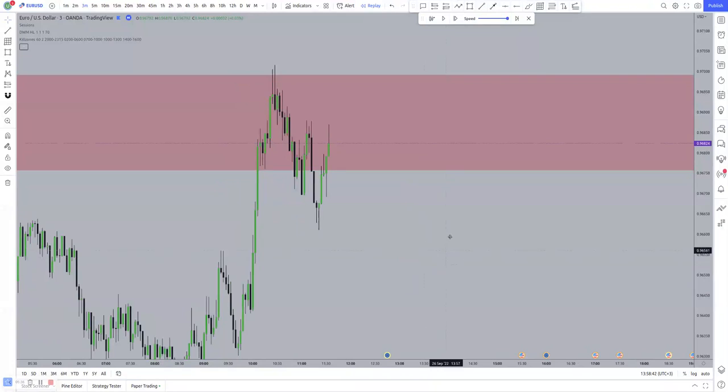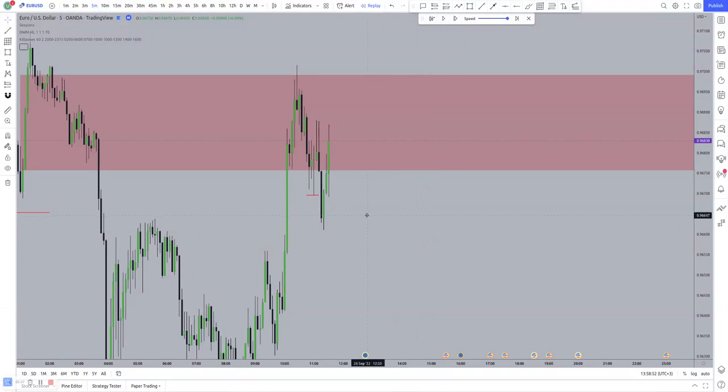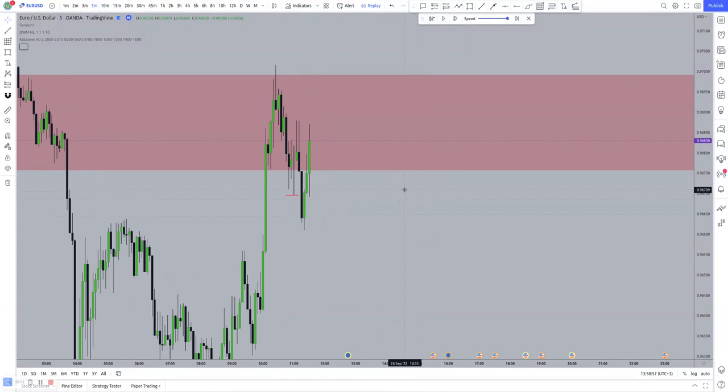Okay, so I see a breaking structure right here. Pay close attention. Let me move back to M5. Yeah, that's a breaking structure. And where is the order block? I see this order block, these 2 candles.